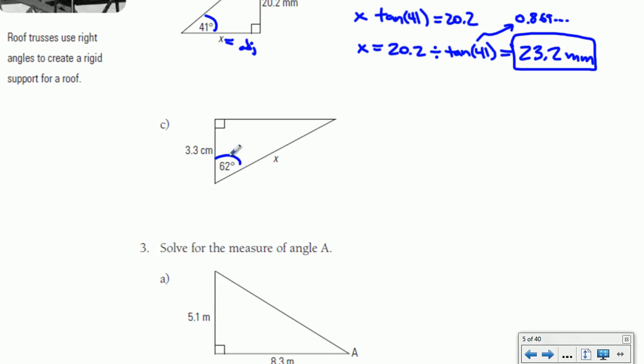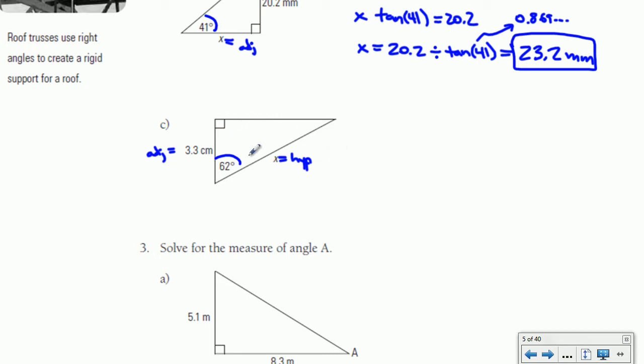Next, solve for x here. This is our reference angle. That would be opposite, this is adjacent, and x is the hypotenuse, the one opposite the right angle. We don't have the opposite length in this case.